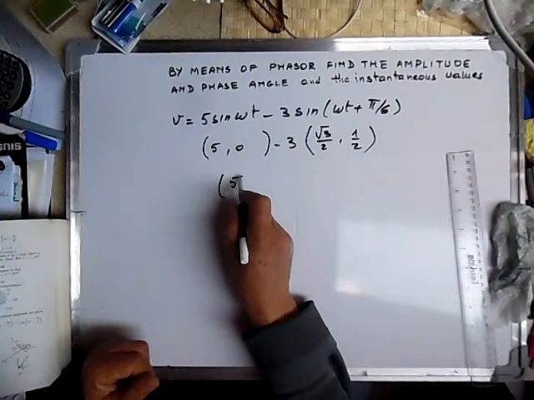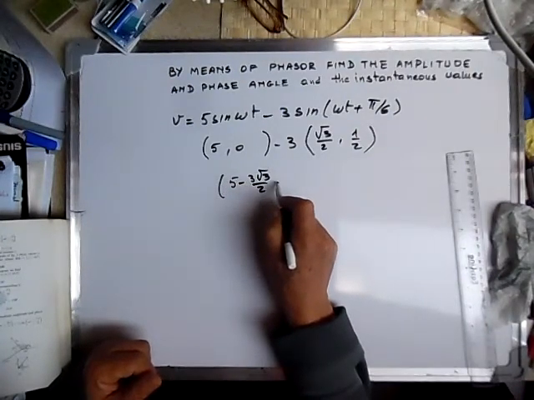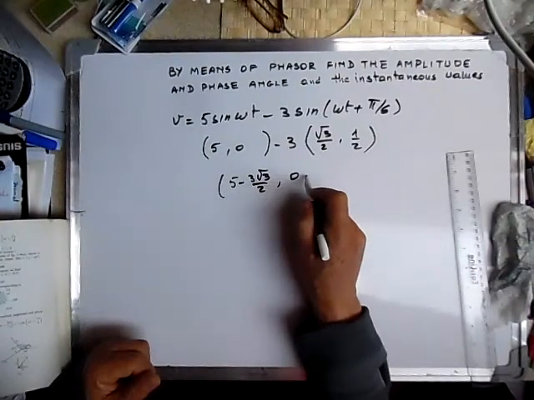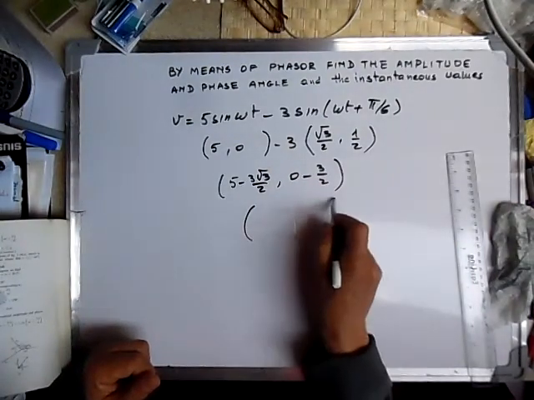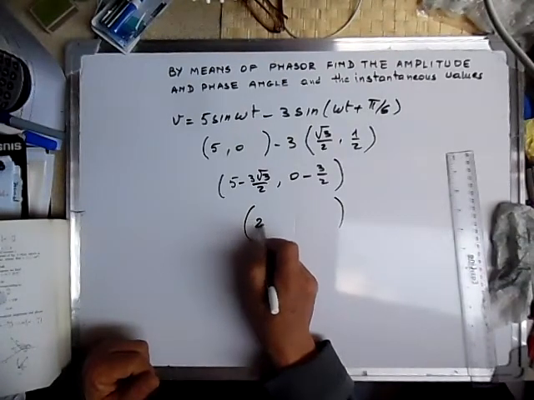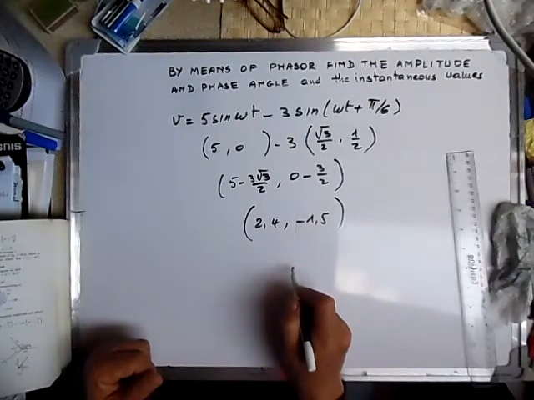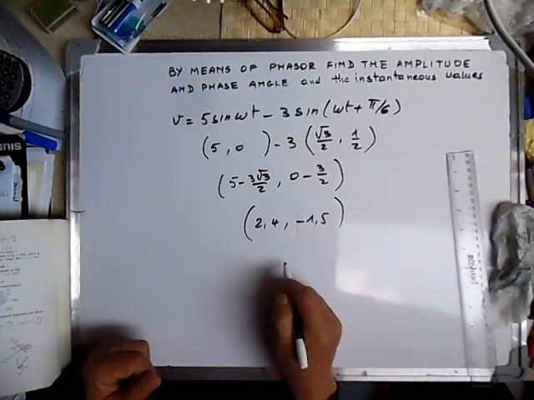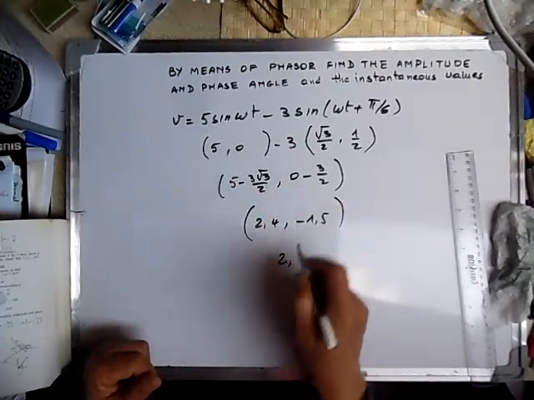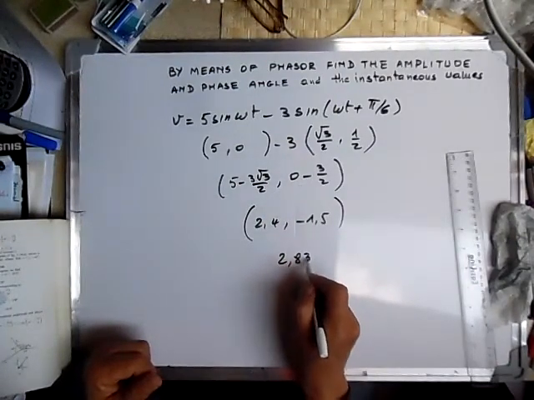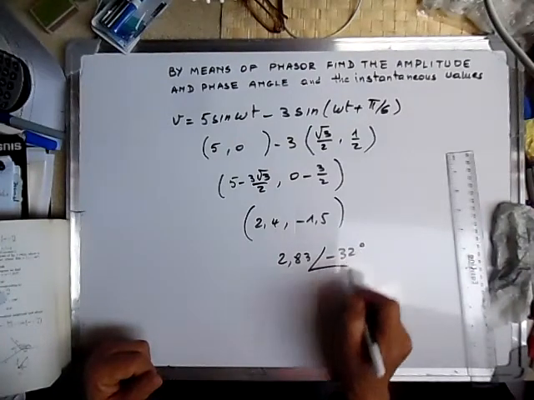Here we have 5 minus 3 square root of 3 over 2, and here we have 0 minus 3 over 2. The real part here will be 2.4 and minus 1.5 for the imaginary part if we use complex numbers. So the module of this sum of the two vectors, and the argument is minus 32.